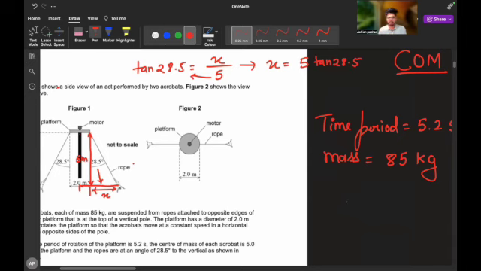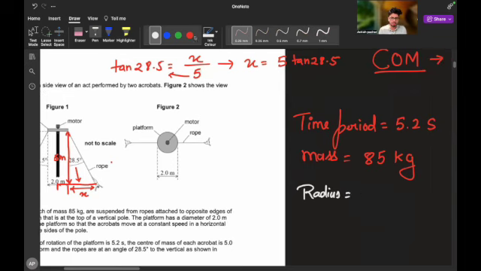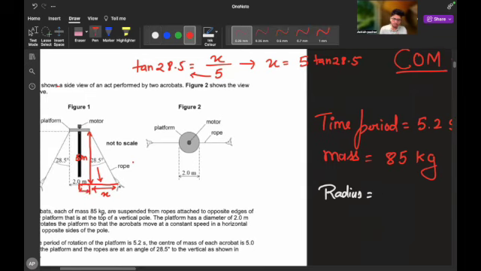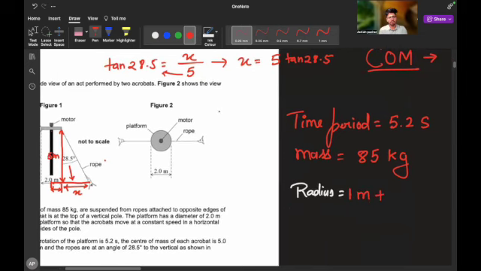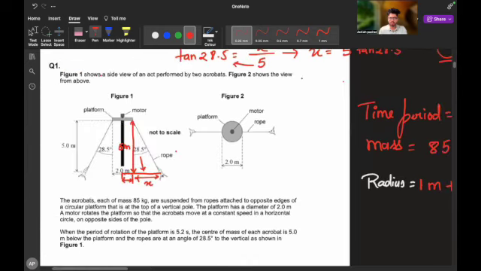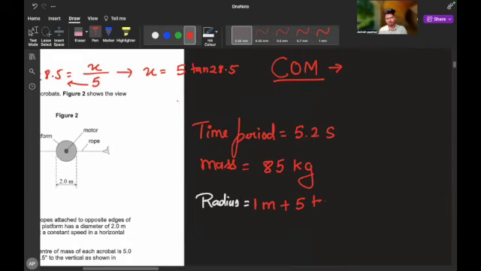So for the radius, I have to add the 1 to it. Do not forget that. This is the 1 meter plus the x value that I get, so 1 plus 5 tangent 28.5. Just calculate this and you will get your answer.